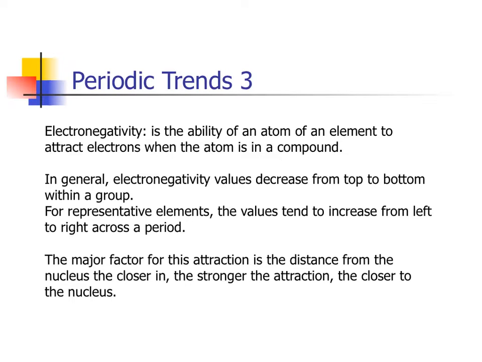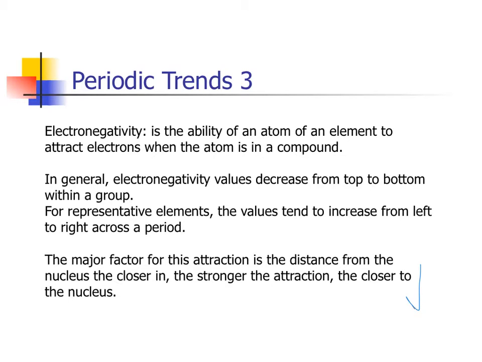It still follows that same path: as you go from the top to the bottom, the values actually get less and less, for the representative elements at least. And as you go from left to right, the electronegativity values increase and increase, which again is inverse to what we see with the trend with the atomic radius.